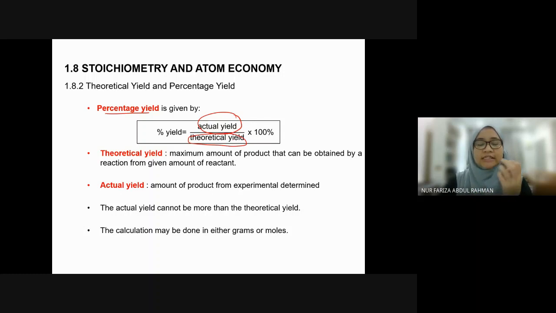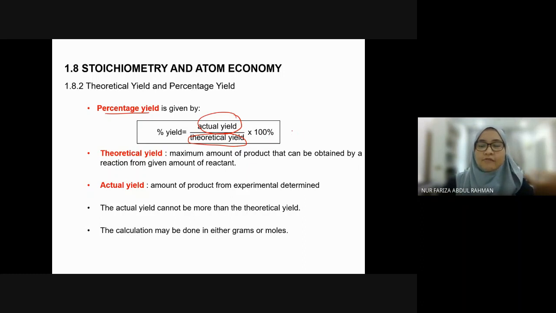Theoretical yield is the amount of product that we got from our calculation. So by theory, or theoretically, how much product can be formed, times 100.